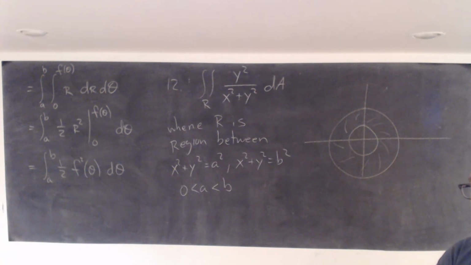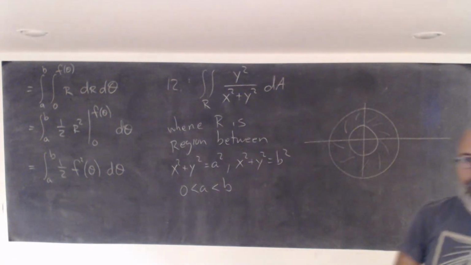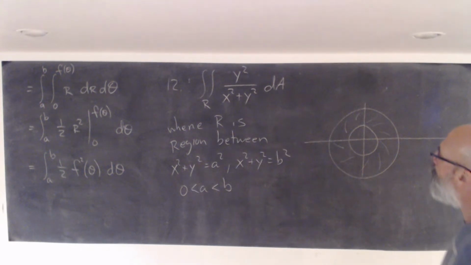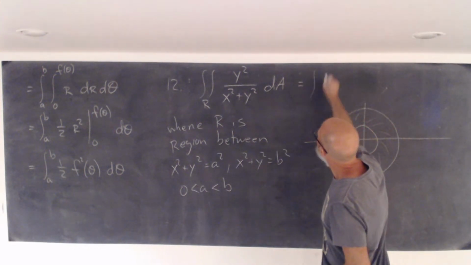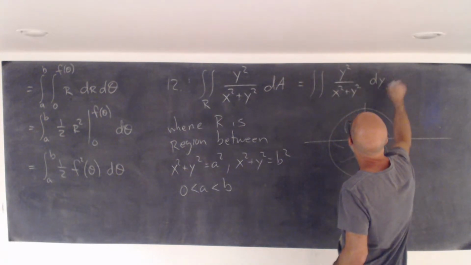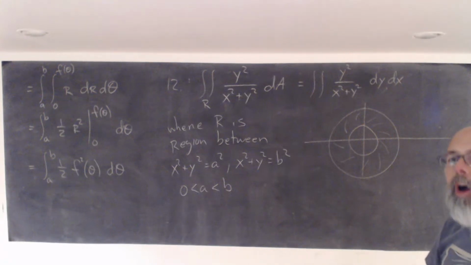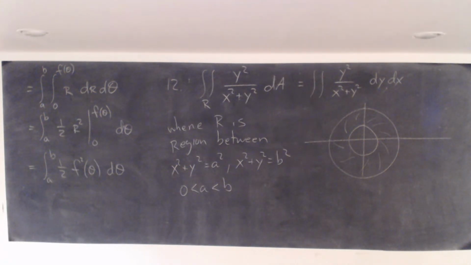Let's think about setting this up in terms of x and y. Can we set this up in terms of x and y? Let's try setting it up dy dx, just for fun. How does y vary? You see what's happening, right?